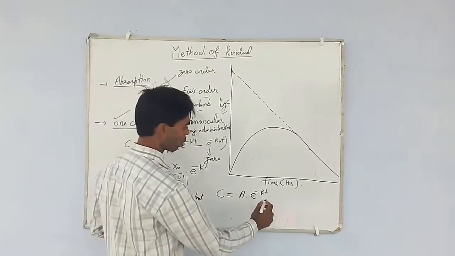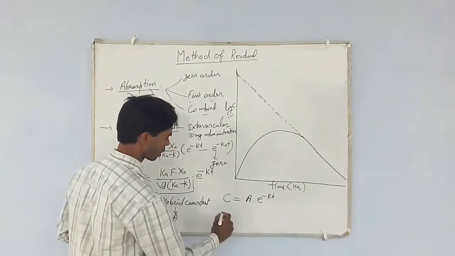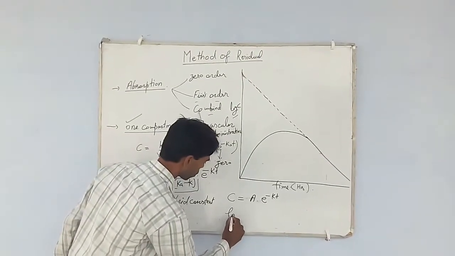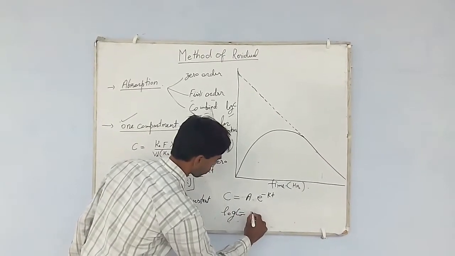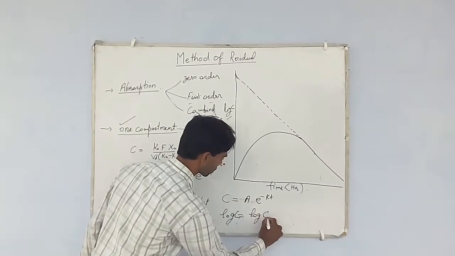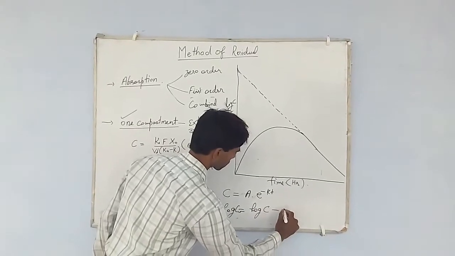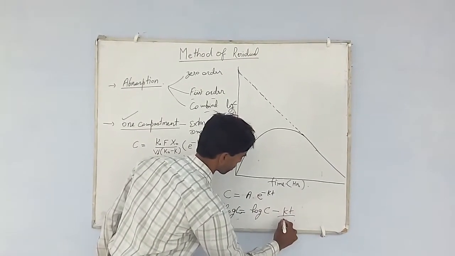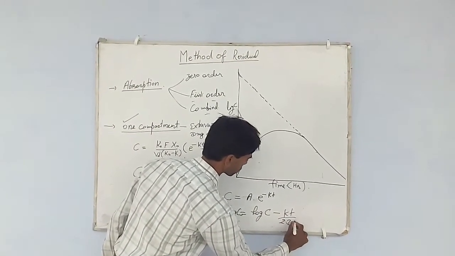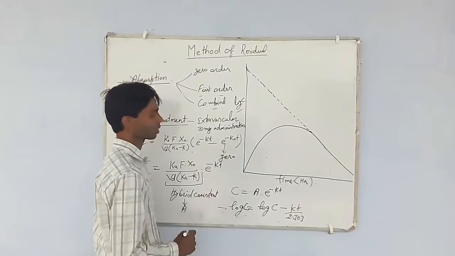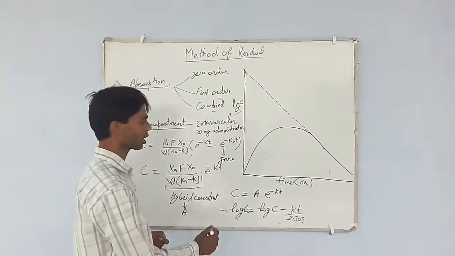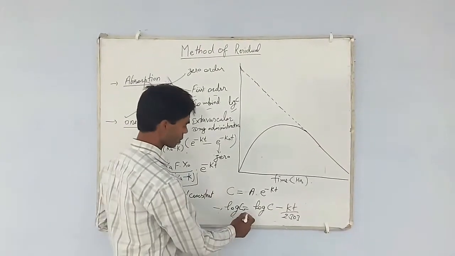By taking the logarithm of this equation, we get log C is equal to log A minus Kt divided by 2.303. This equation is used to determine the absorption rate constant by drawing a residual line.